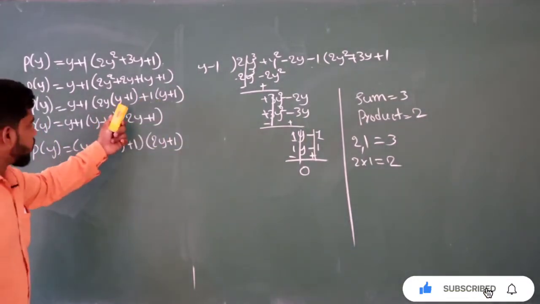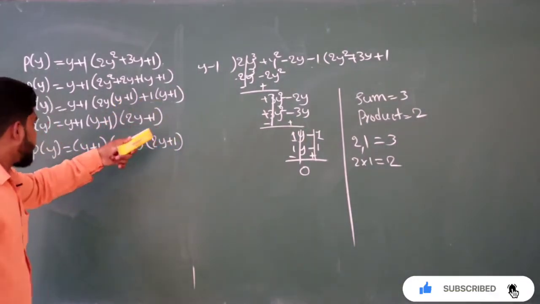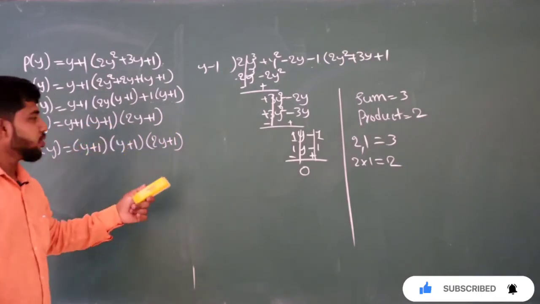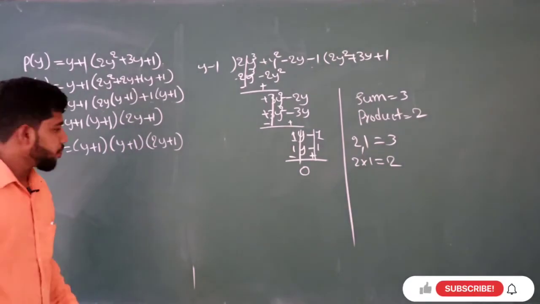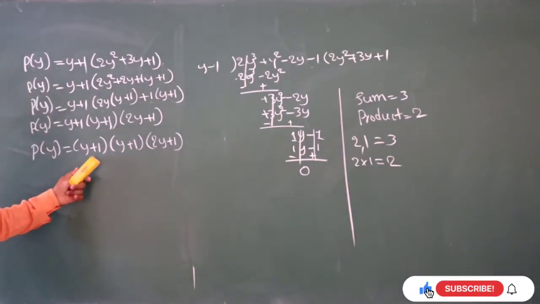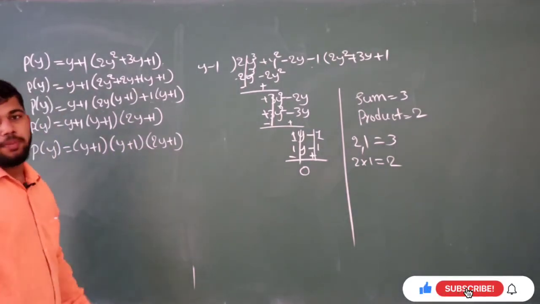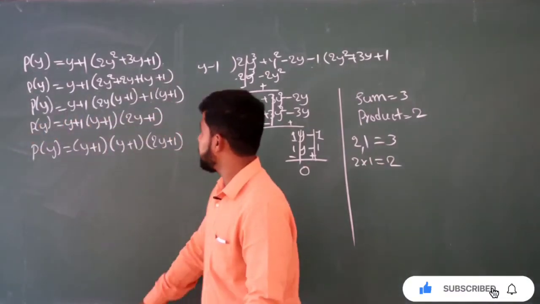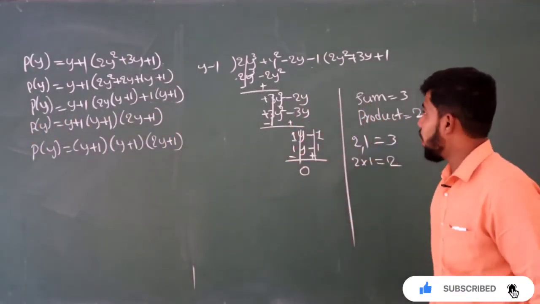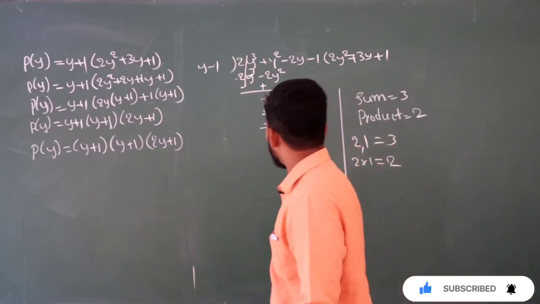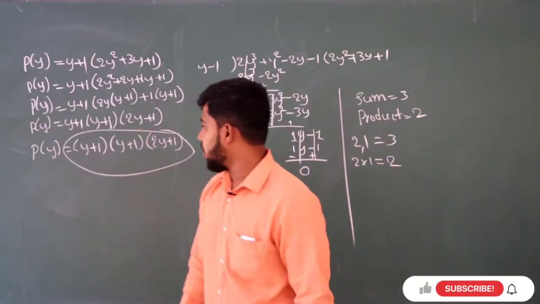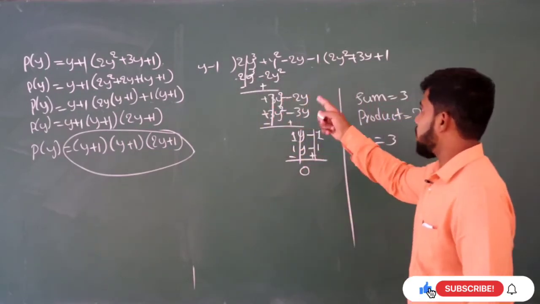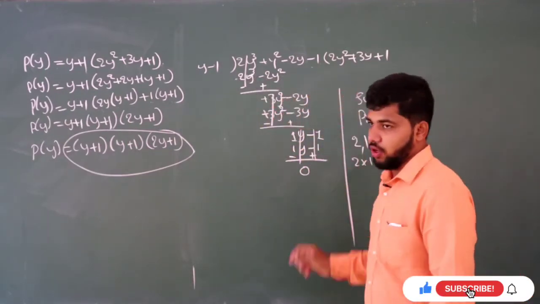Taking y plus 1 common, 2y plus 1 remains. Now P of y is equal to y plus 1 and y plus 1 and 2y plus 1. These are the factors of 2y cube plus y square minus 2y minus 1.